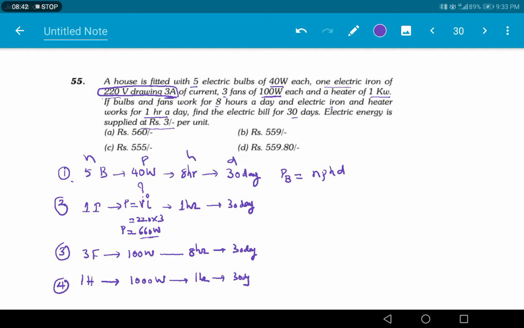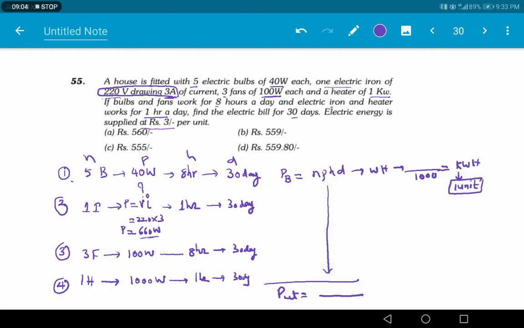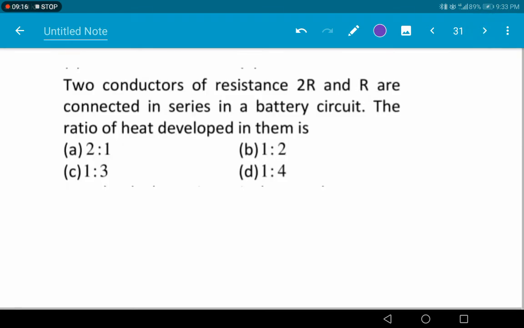So in all the cases you can get the total power. But here you should convert this. First you are going to get the answer in watt hour. By dividing with 1000, you get kilowatt hour, and 1 kilowatt hour is equal to 1 unit. Add all units, and each unit costs 3 rupees. Multiply with 3, and you get the electric bill for that house. Okay, now simplify this. Right, next one.